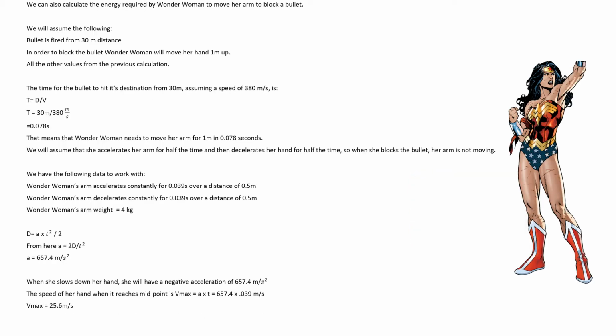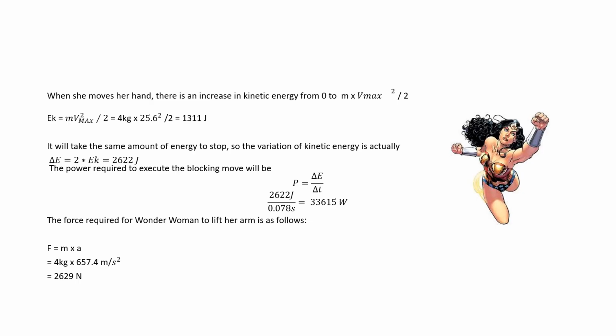Going back to this slide again, we're just going to briefly go over it as we're going to be using these values, like our time and our acceleration, for energy and for force. When she moves her hand, there's an increase in kinetic energy from 0 to our kinetic energy formula, which is mass times the velocity squared divided by 2.